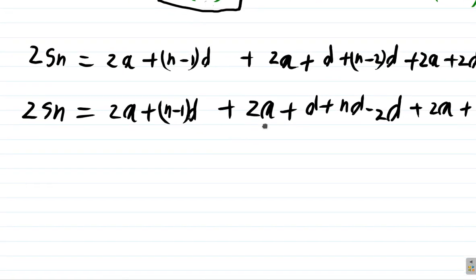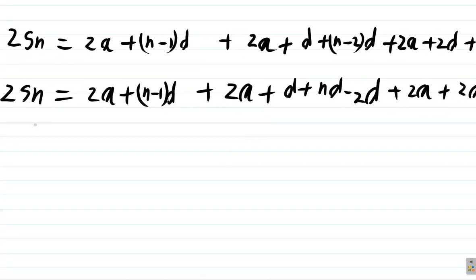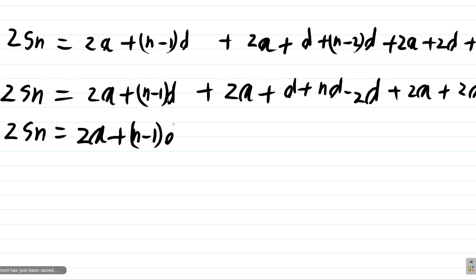Let's go back now and continue. You have 2 times the sum of the first n terms equal 2a plus n minus 1 d plus, this is 2a plus. Now, this is going to be d minus 2d.